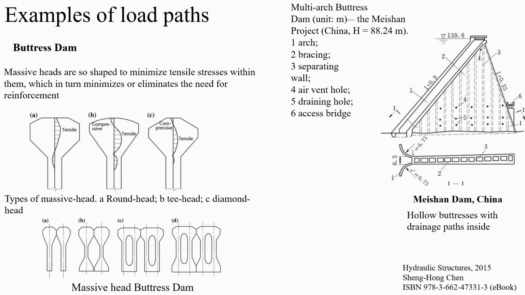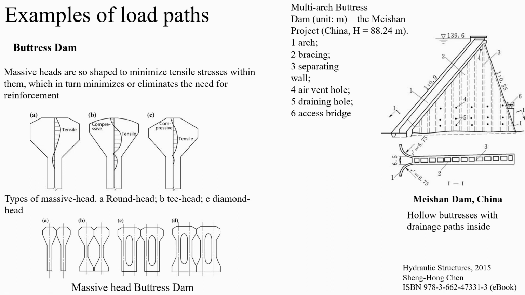In optimizing the design, designers worked on the buttress head, and they found that the diamond head tension and compression stresses are lower than the massive head or rounded head. As you can see, there's a tension decrease in the diamond head.